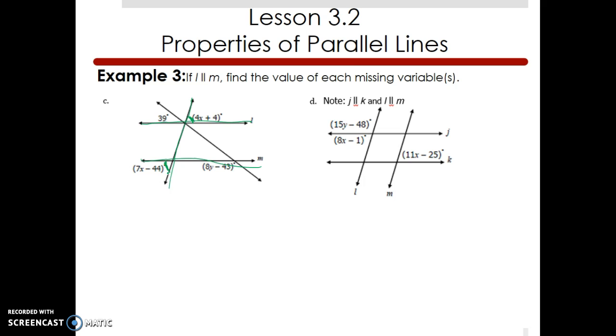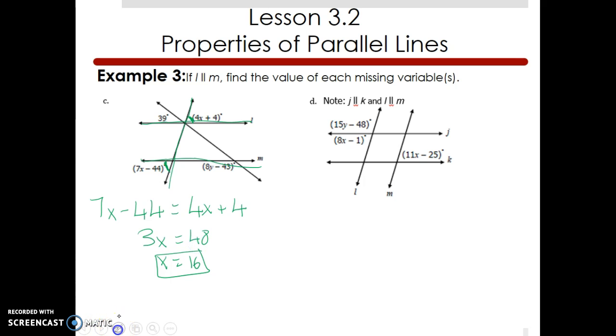So ignore the other line. So those angles are going to be alternate exterior, so they're going to be equal to each other. So I have 7x minus 44 equals 4x plus 4. So when I solve for it, I get 3x equals 48 and x equals 16.